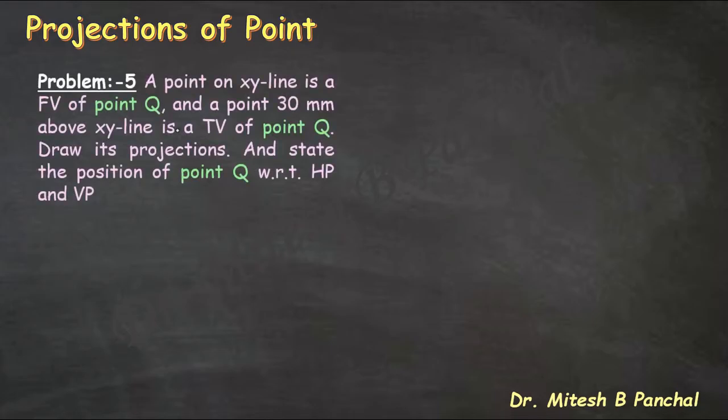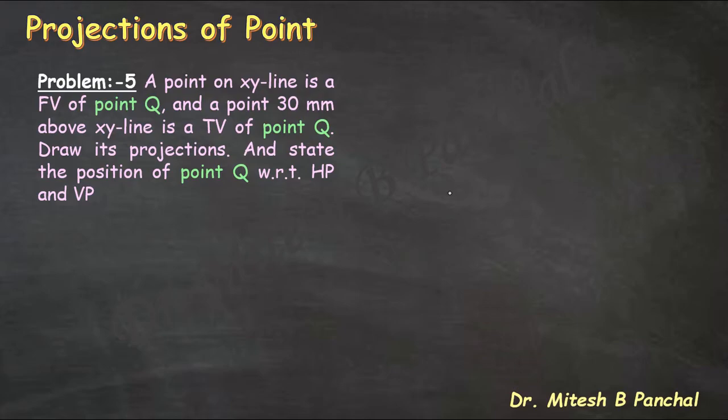Now considering similar solutions, similar to problem number 3 and 4, problem number 5 is a point on XY line is a front view of point Q. Means front view of point Q, that is Q dash, is on XY line. And a point 30 mm above XY line is a top view of point Q. So top view of point Q is small q, which is 30 mm above XY line. So draw its projection and state the position of point Q with respect to HP and VP.